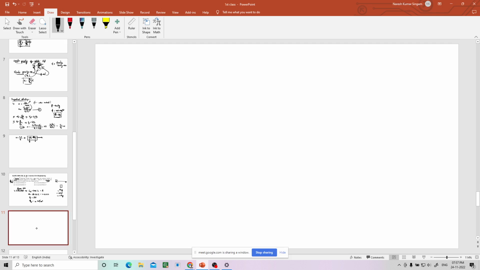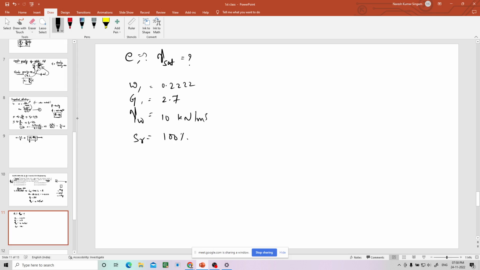Okay, so now I have to find out e and I have to find out gamma saturated, right? What are the given things? I have been given water content, I have been given G, I have been given gamma w, the unit weight of water, also the saturation level. This is 0.2222, this is 2.7, this is 10 kilonewton per meter cube, and this one is 100 percentage, that means 1.